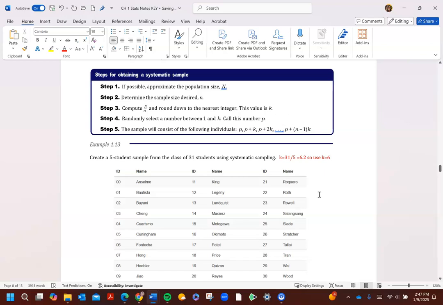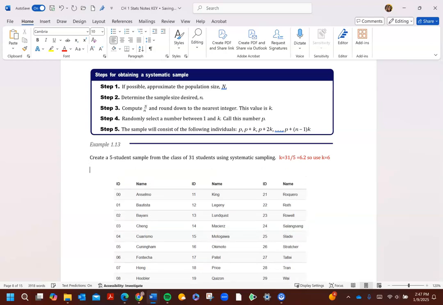We're going to go every 6th one, but where do we start? We want to pick a number between 1 and 6. So we could pick whatever. I'm going to pick 2. So I'm going to say let p equal 2.